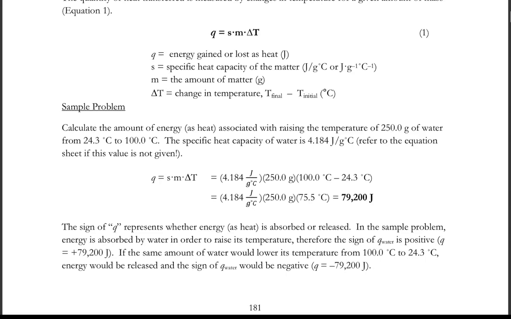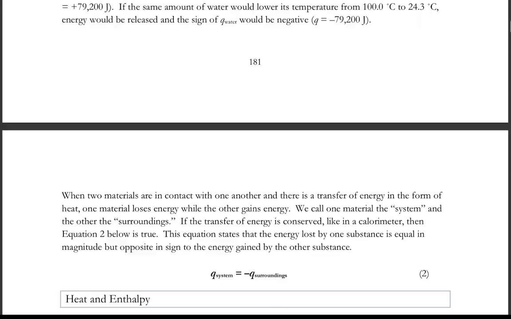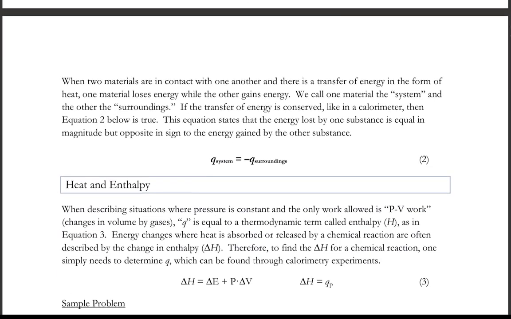Heat transfers from the surroundings to the system or the system to the surroundings, so that the amount of heat transferred from one to the other is equal, and we have the negative sign when we're equating Q of the system to Q of the surroundings, because that implies a transfer from one to the other.